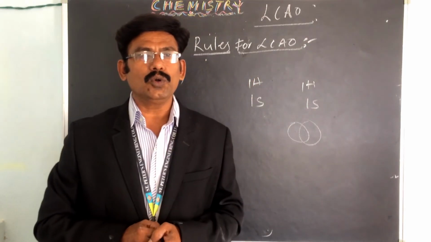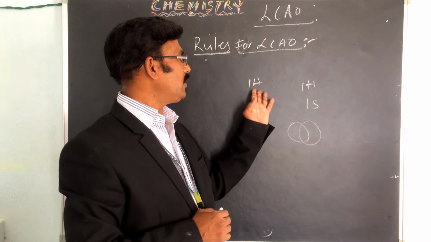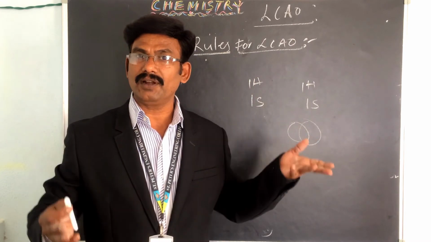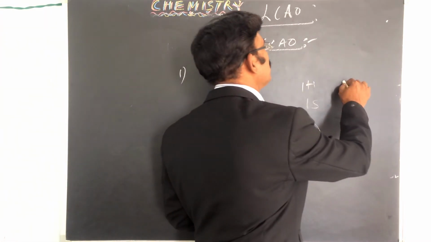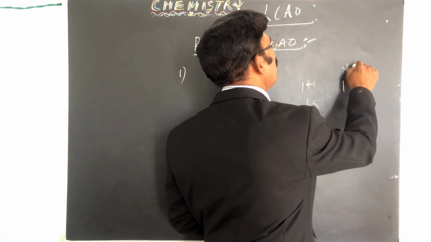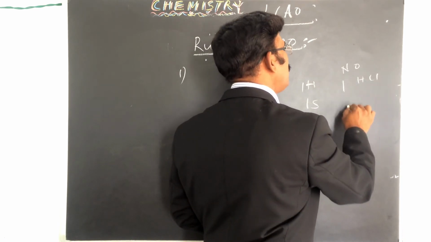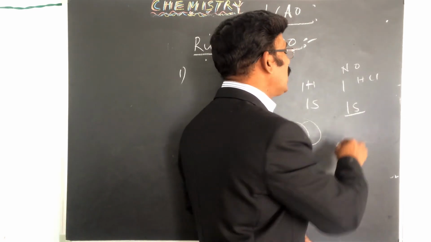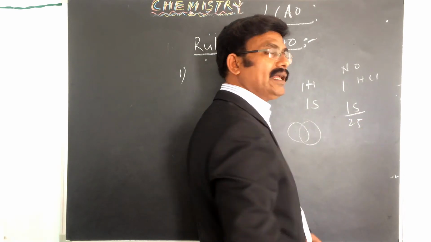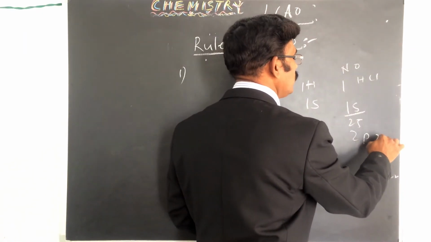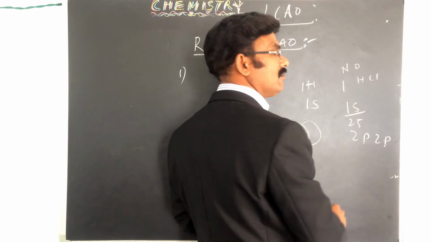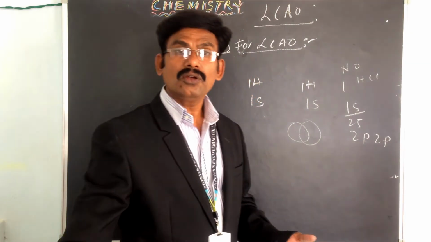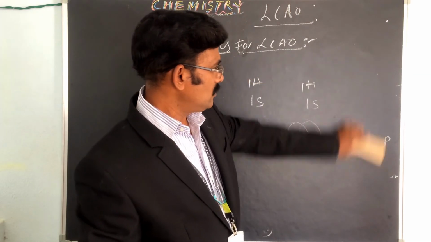Only hydrogen is the same atom; for different atoms, we can take any atom, nitrogen, oxygen, hydrogen, chlorine, but the 1s level or 2s level, or 2p with 2p, like that.